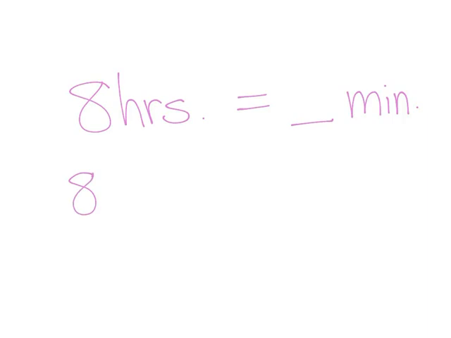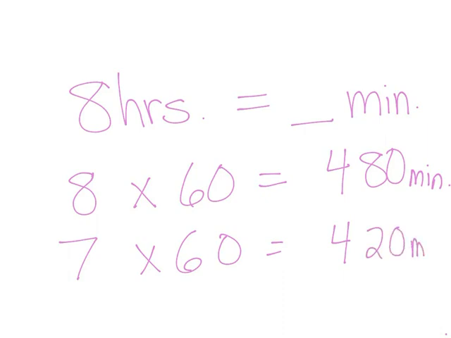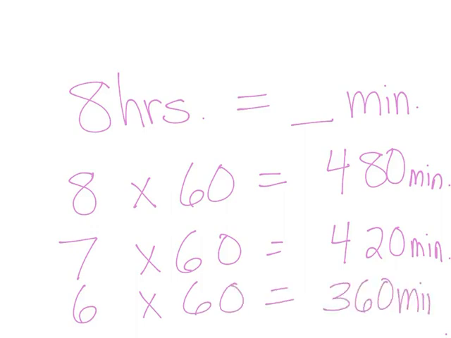Well, if I did 8 times 60, that would be 480 minutes, right? But if I did 7, that's 420 minutes. And of course, 6, we would get 360.